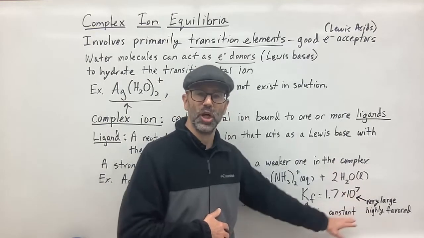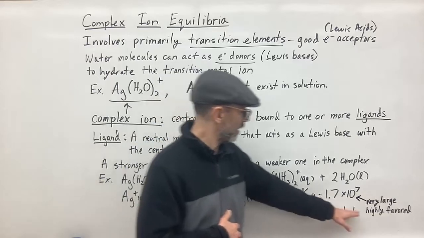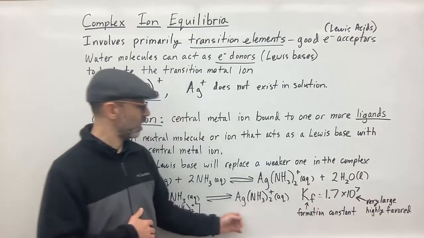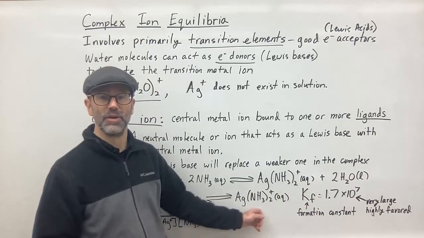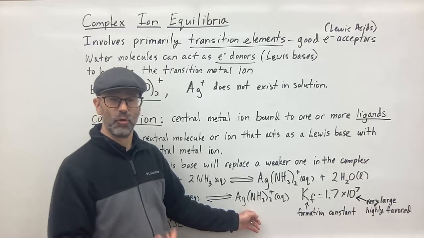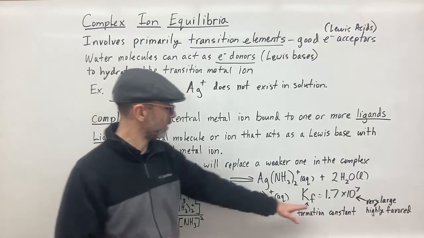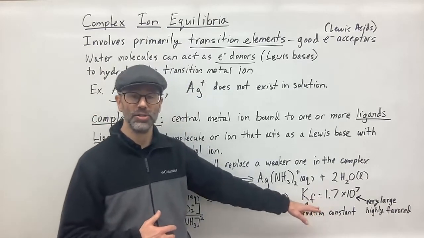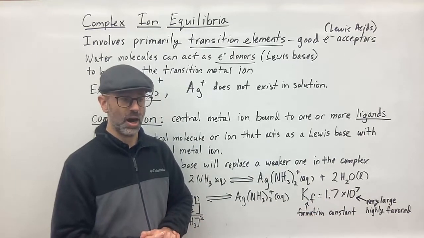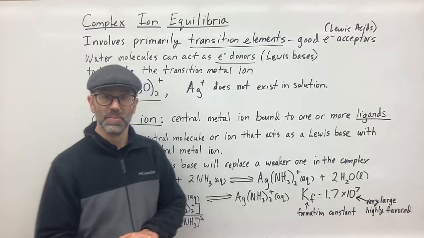That's very, very large and highly favored. So this means that the formation of your complex ion is very favored, and for most of the complex ions that are formed, you'll find that the Kf values are quite large, and therefore the formation of those complex ions is favored.